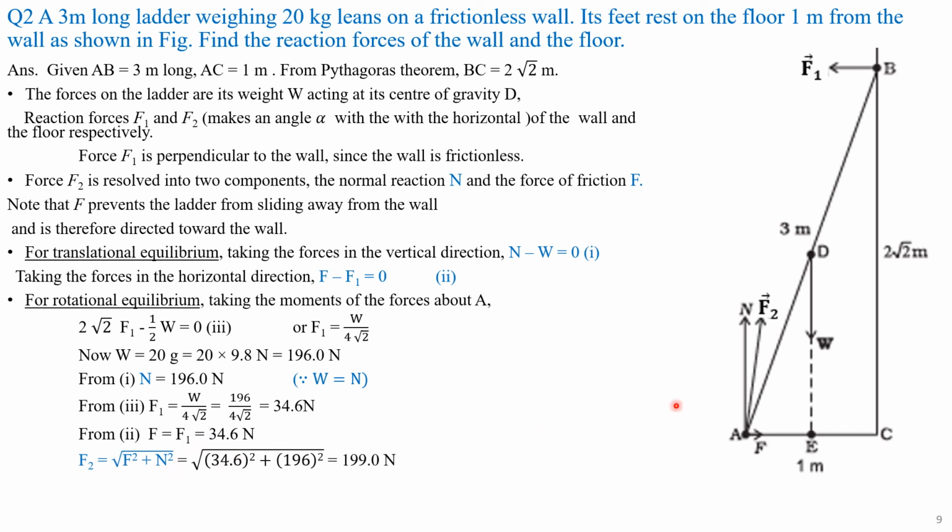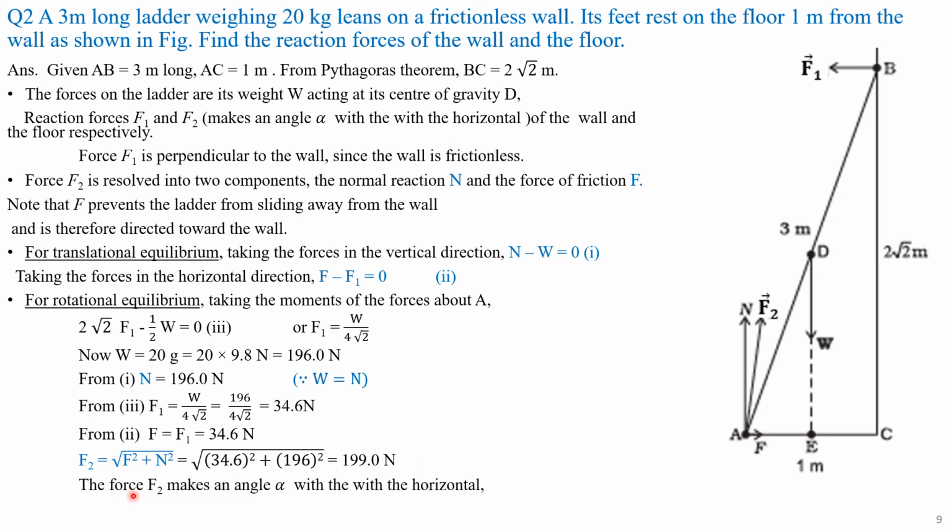Now F2 is equal to square root of F square plus N square, because the friction force F and the normal reaction N are the components of F2. Substituting the values, we get F2 as 199.0 newtons.